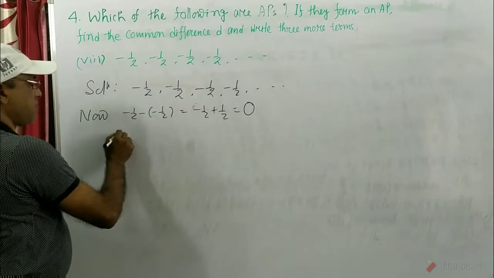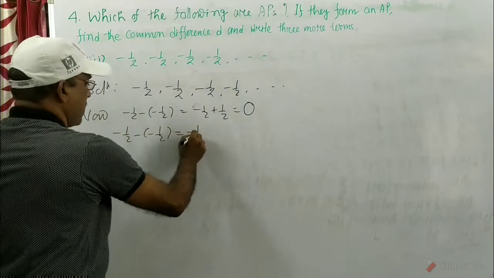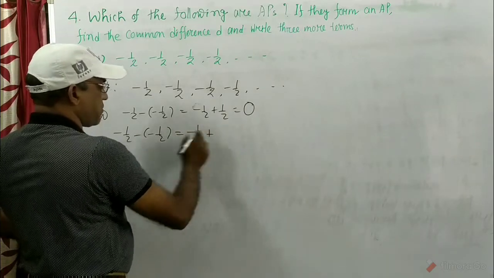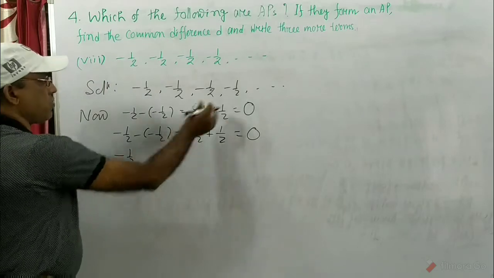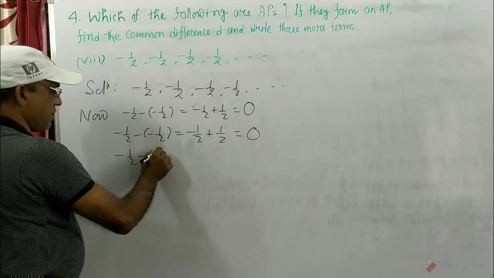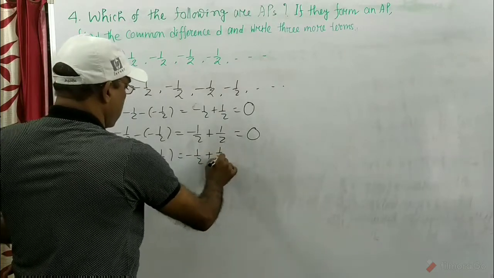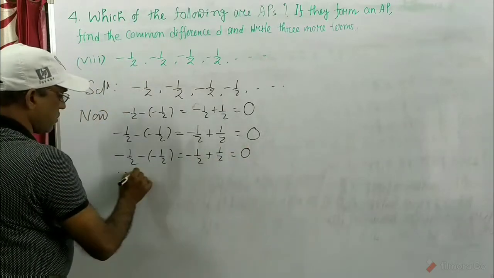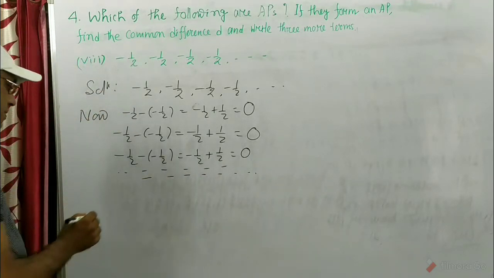And this minus this, minus 1 by 2 plus 1 by 2, this is 0. And this minus this, minus 1 by 2 plus 1 by 2, this is 0. So their differences are same.